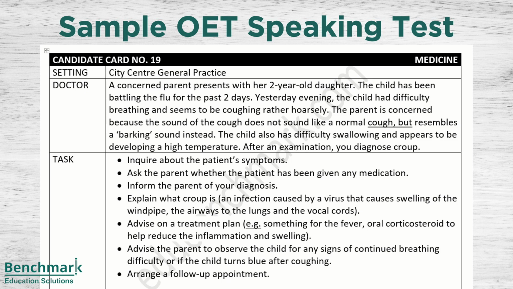So that might be a typical opening to a conversation where the patient is, in this case, a little emotionally describing a distressing situation about his daughter not being able to breathe properly and making a weird barking noise. Now, the roleplay card says, after examination, you diagnose croup.